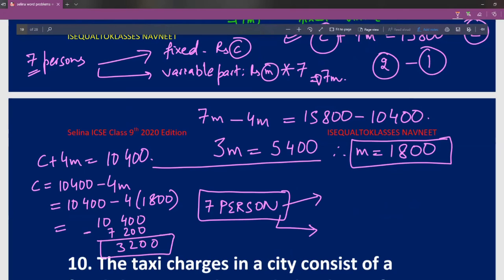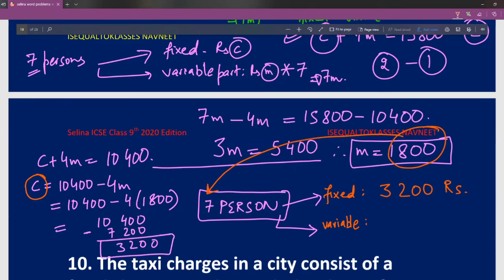One expense is the fixed, given by C. This is the constant, so this will remain 3,200 rupees. There is a variable. The variable part depends upon the number of persons. The variable part is equal to 1800. If it is a family of 7 people, the variable part will be equal to 1800 into 7.